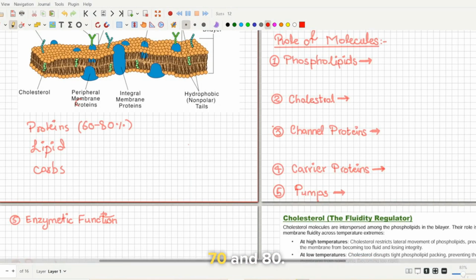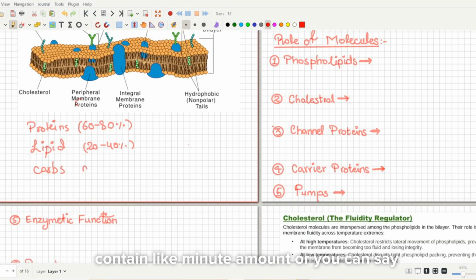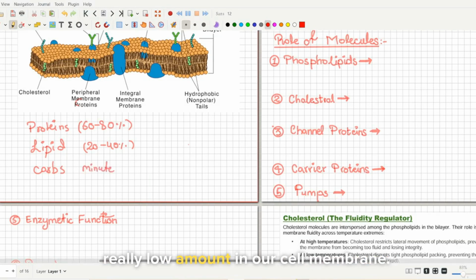Some books might say 60, 70 or 80, which is why I am not writing an exact value, because it can be different in Pearson, Cambridge or your other high school books. That's why a range is given, so you know what the answer could be. The lipid is 20 to 40% of the cell membrane, and carbs are present in a really low amount.